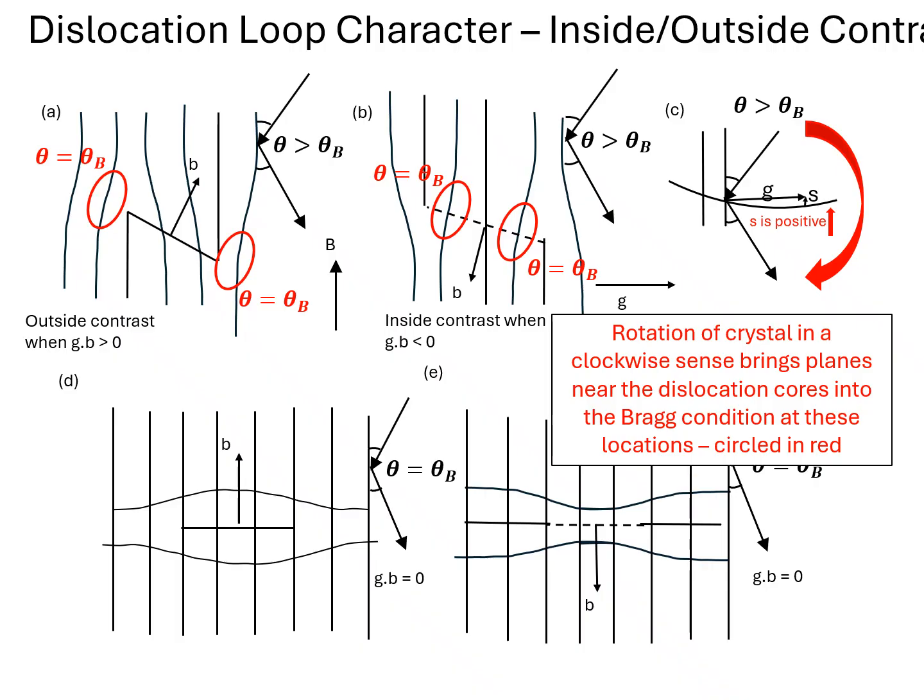We've rotated it so that the deviation parameter for the diffracting vector, the perpendicular to the planes, is upwards. And that's defined as S positive by both Mayer and Loretto.